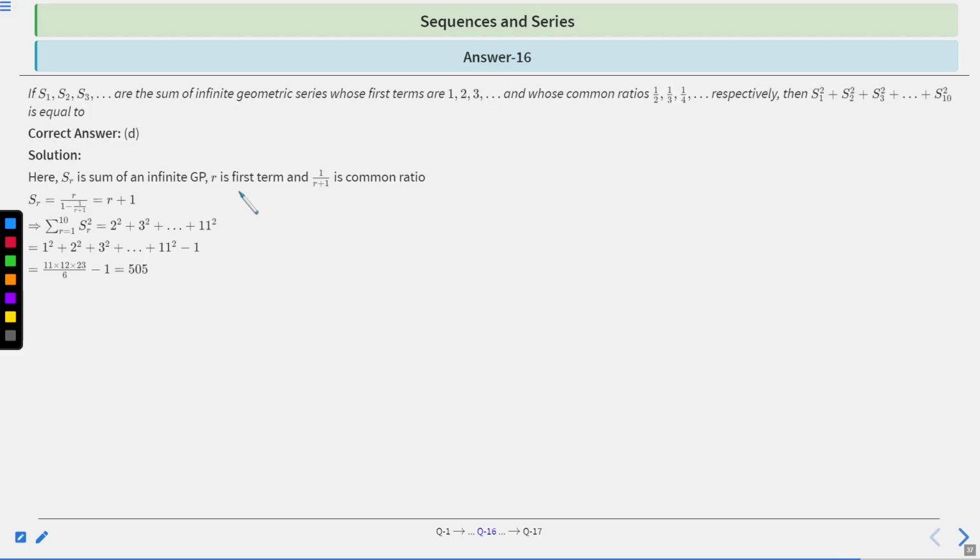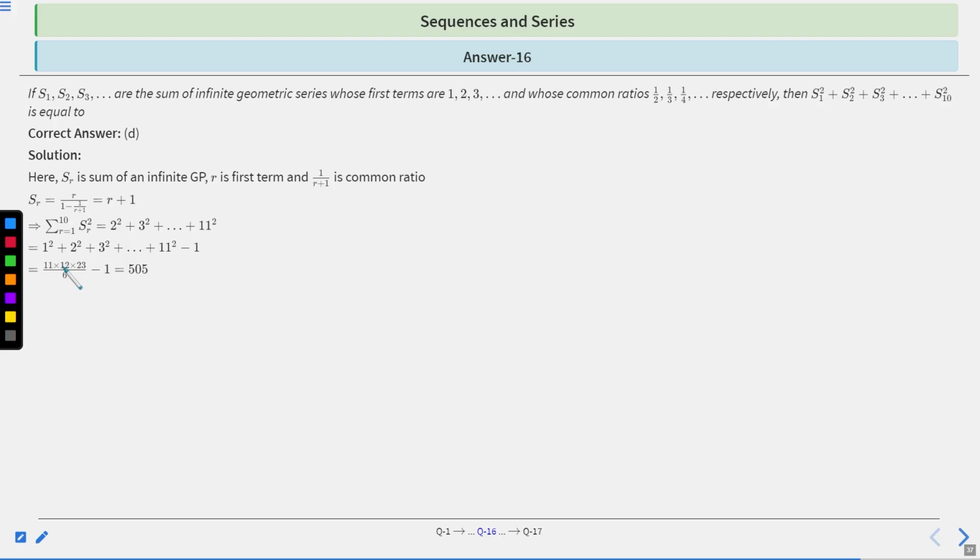Here, SR is the sum of an infinite GP where R is the first term and 1 by (R plus 1) is the common ratio. So SR is R upon 1 minus 1 by (R plus 1). Clear? After solving, we get SR as R plus 1. Summation of R equal to 1 to 10 of SR square, when we put R equal to 1, 2, 3 till 10, is 2 square plus 3 square till 11 square.